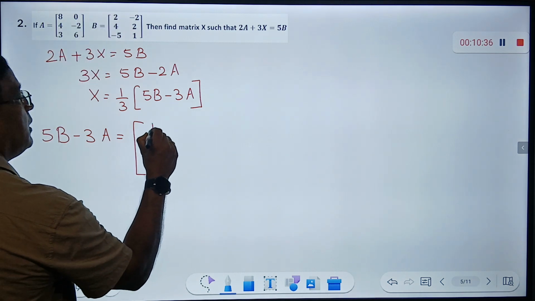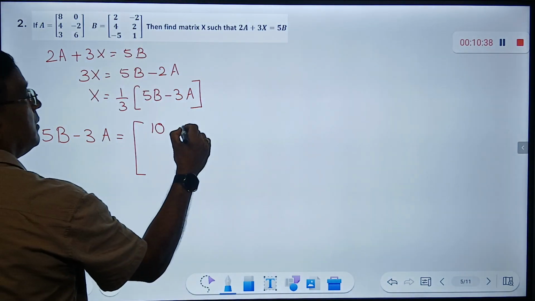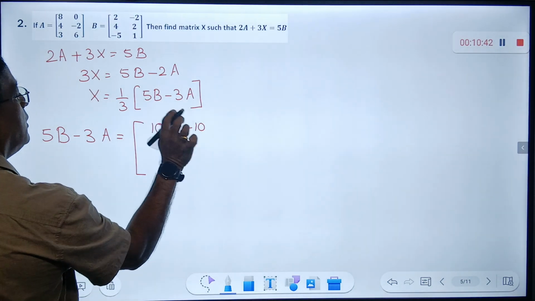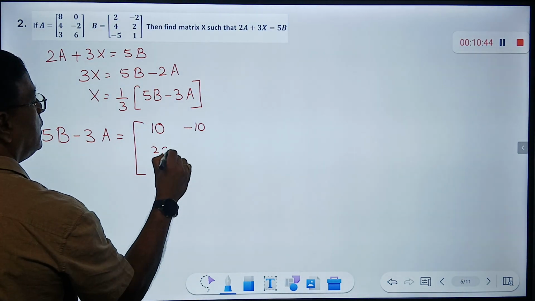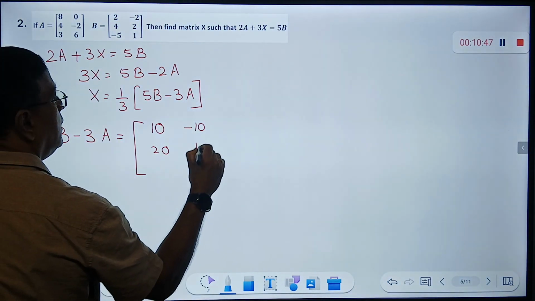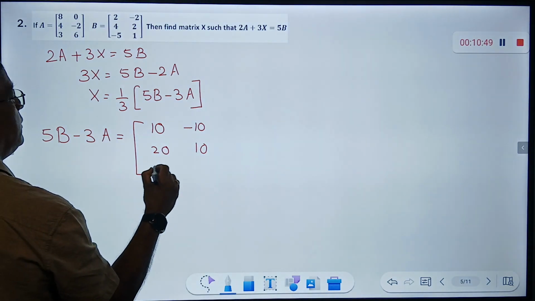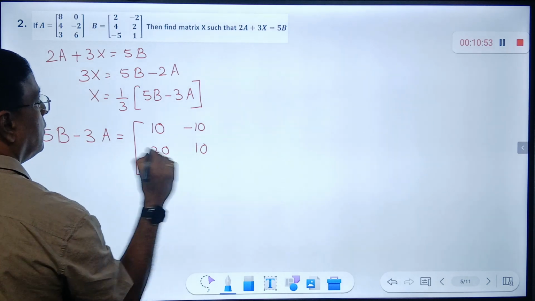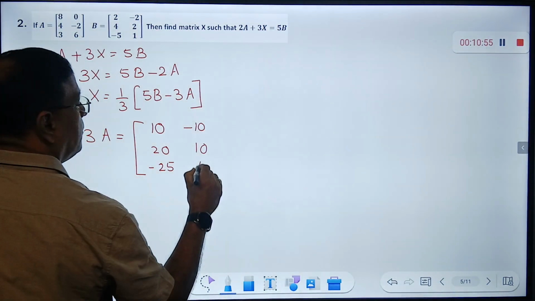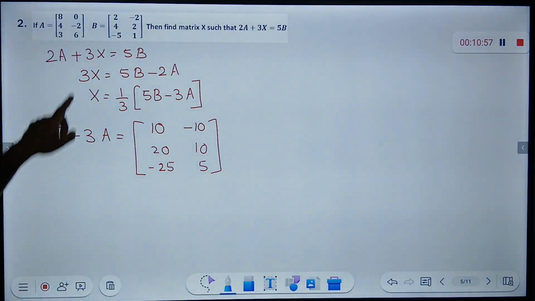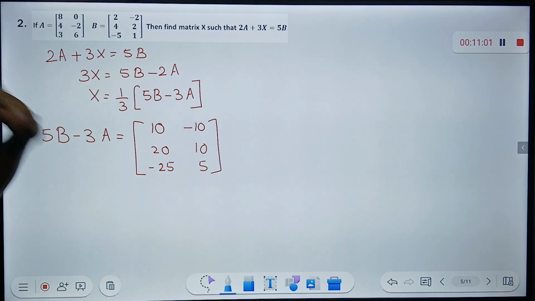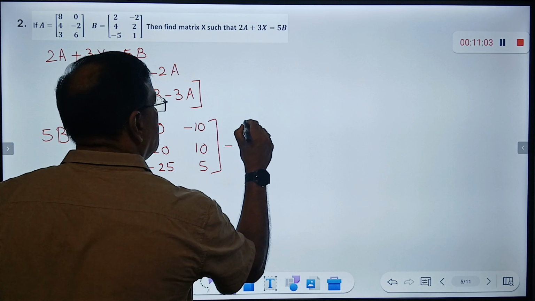So what do I get? 10, minus 10, 20, 10, minus 20, minus 25. Look at it, 5B: each and every element is multiplied by 5.